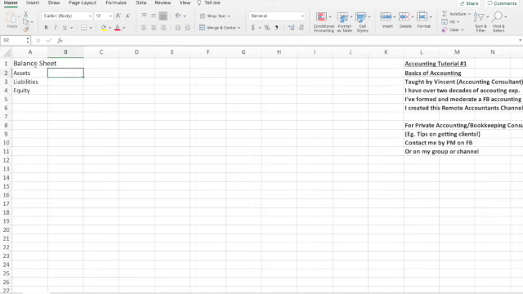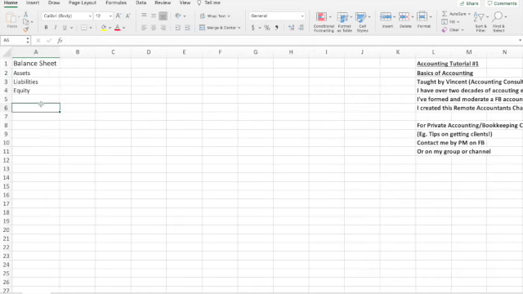On a balance sheet, there's a general rule, and that rule is that assets equal liabilities plus equity. So on the balance sheet, that is always going to be true.